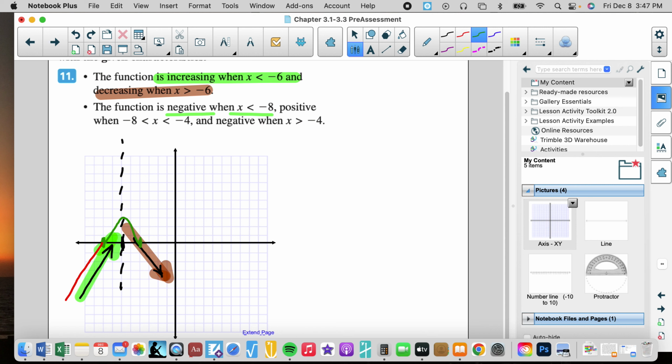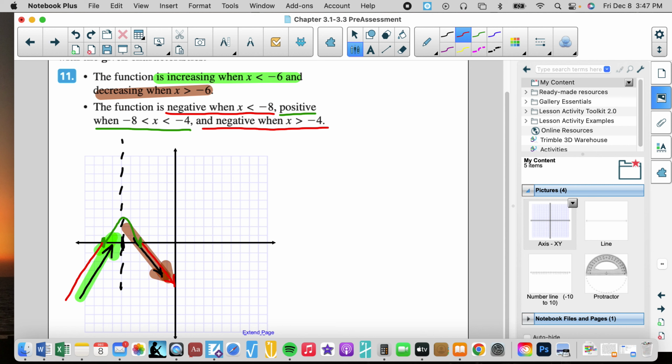So that's important. It's negative there, and then it's positive between here, and then it's negative again when x is greater than -4. So at -4, it's going to go back below the graph.